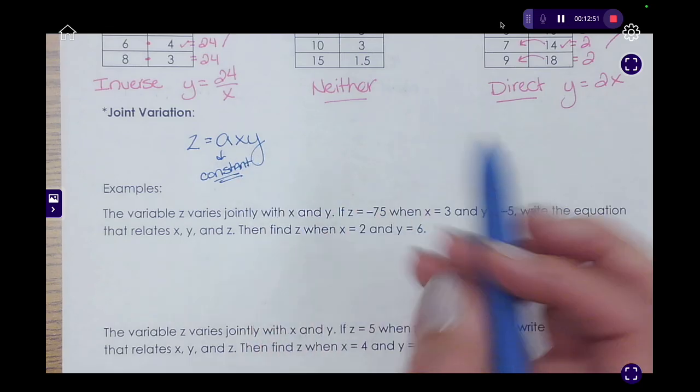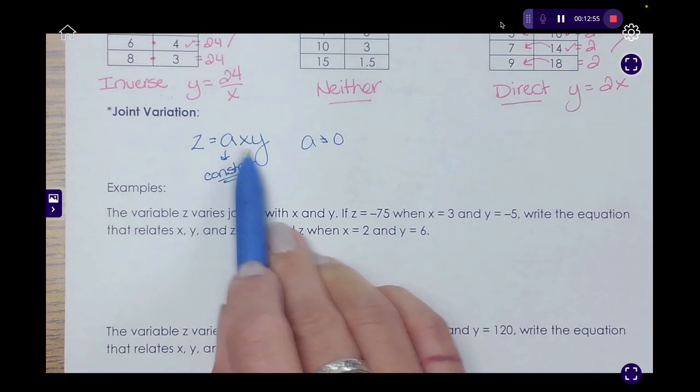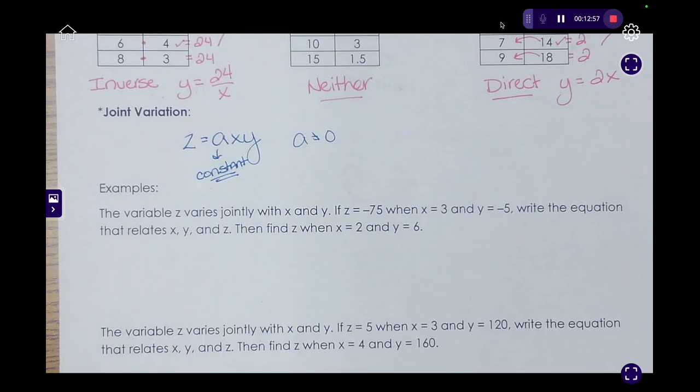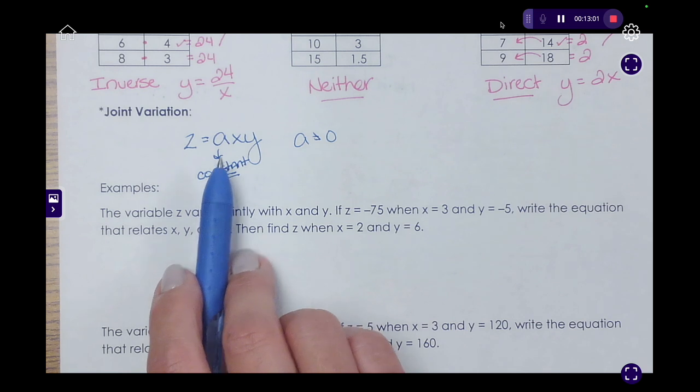Okay, so that a value is still your constant of variation, and x and y are being multiplied over here. Your a value cannot equal 0, because if it equals 0, it's going to cancel everything out. We don't want that a value to equal 0. Okay, so this is what a joint variation looks like.